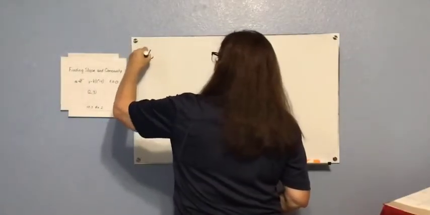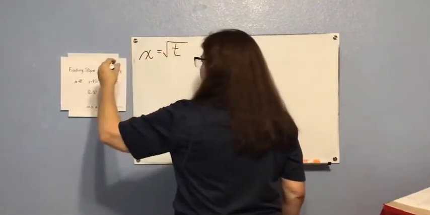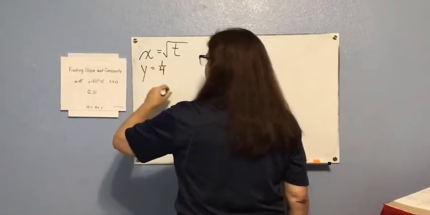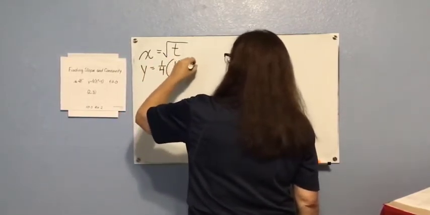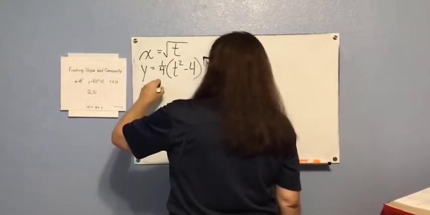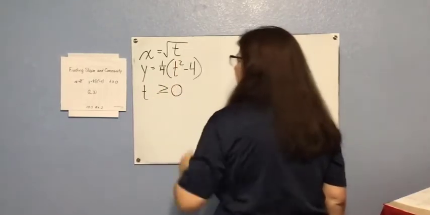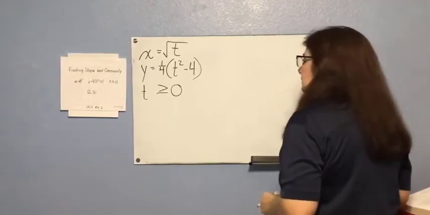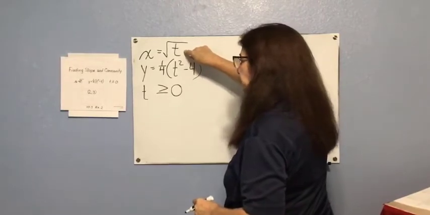So here's a new set of parametric equations. And this time we have a limitation on t that it has to be greater than or equal to 0, which just makes sense with that square root of t, that we want to limit t to positive numbers or 0.